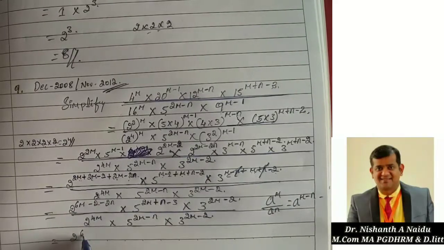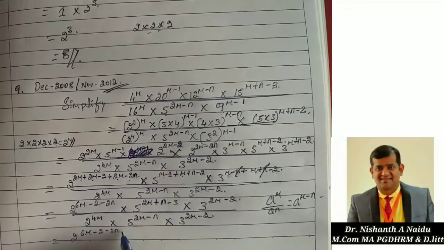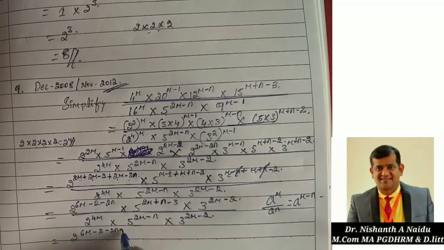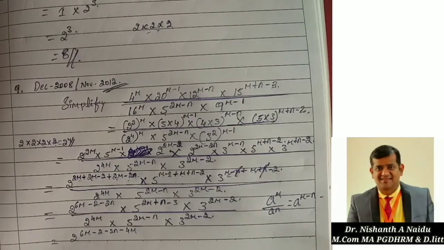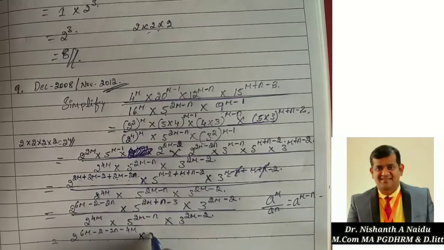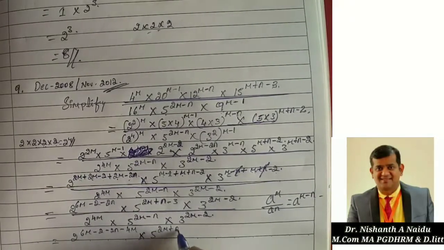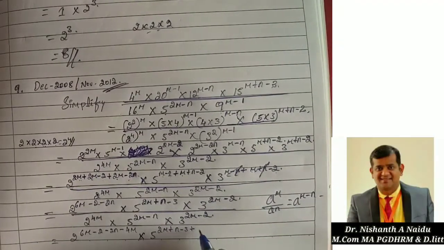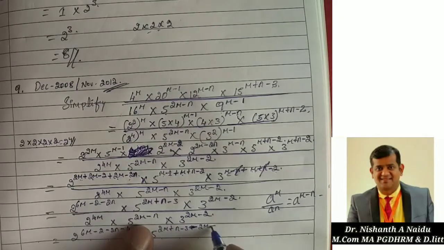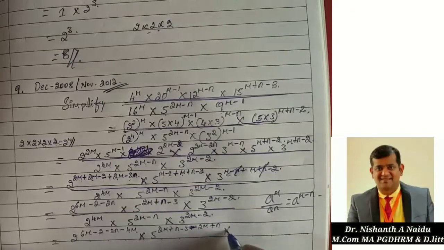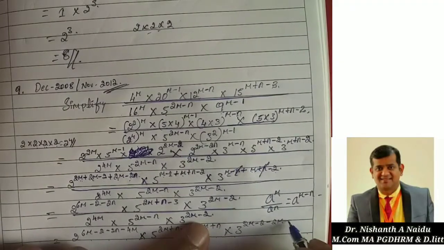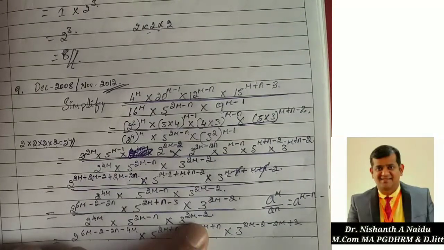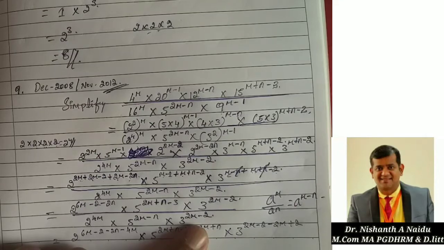So that becomes 2 to the power 6m minus 2 minus 2n, okay, minus, so how many power we have? 4m, clear, into 5 to the power 2m plus n minus 3 plus, when this 2m you are bringing up, that will become minus 2m plus n, this minus will become plus, into 3 to the power 2m minus 2 minus 2m plus 2, because when you are bringing up, plus becomes minus, minus becomes plus.